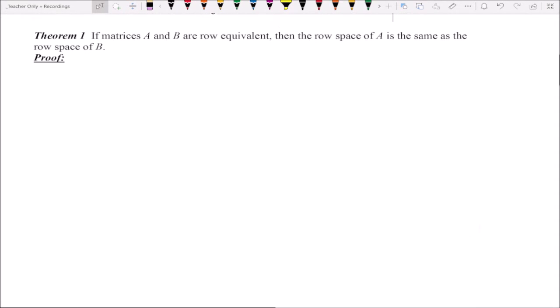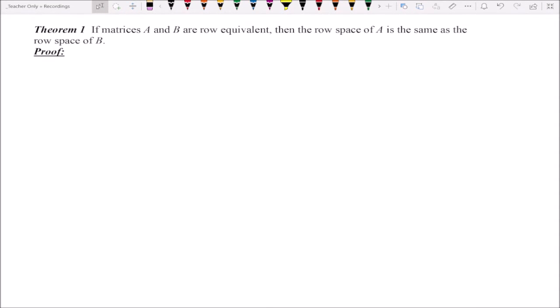If two matrices A and B are row equivalent, then the row space of A is the same as the row space of B. In other words, the row spaces of row equivalent matrices are the same.